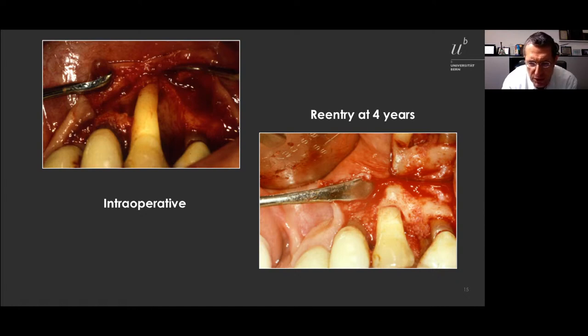A shallow intrabony component of about 0.5 millimeters is still visible, but we gained about 4 to 5 millimeters of bone and support for this tooth. In other words, I managed to improve tooth prognosis.